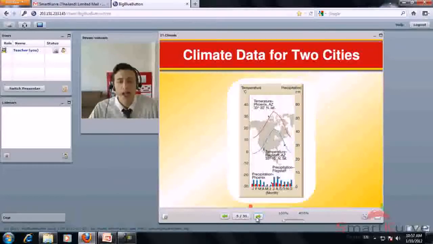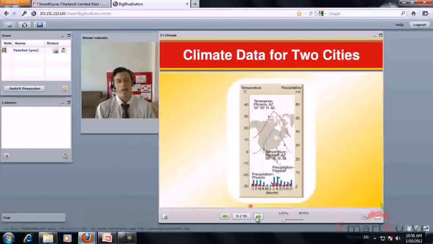Now the red lines at the top of the image show you the average temperature. Notice that for both cities, the months of July and August are the hottest around, and the months of December, January, and February are the coolest.